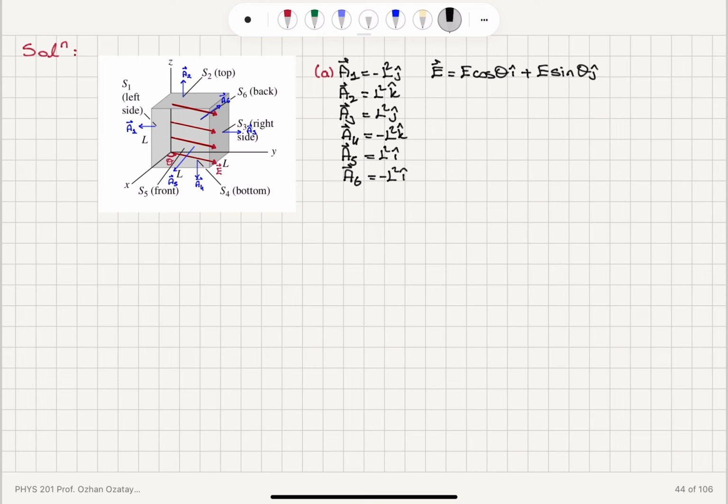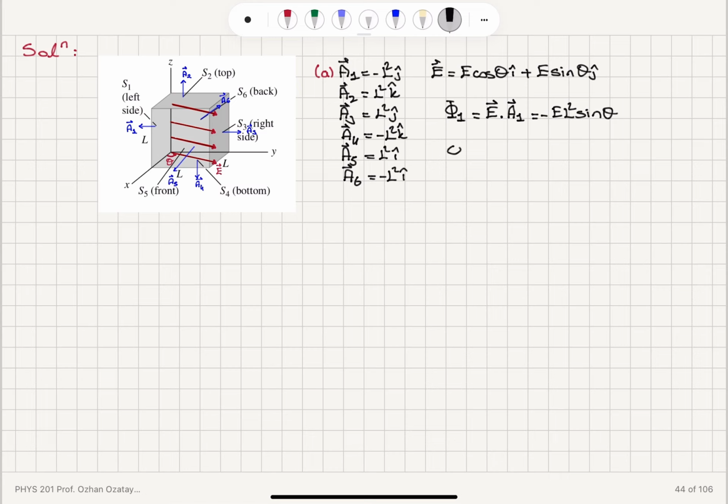So the flux phi 1, which is through face 1, is the dot product of the uniform electric field with the area vector A1. Because A1 is in the minus j hat direction, we have the y component coming into play: minus E L squared sine theta. Why minus? Because the field is in the j hat direction and this area vector is in the minus j hat direction.